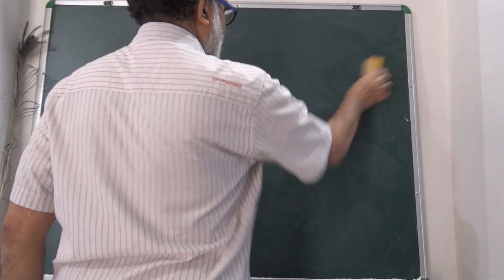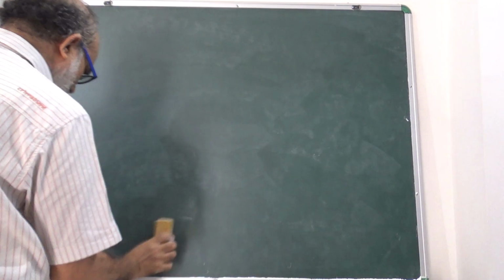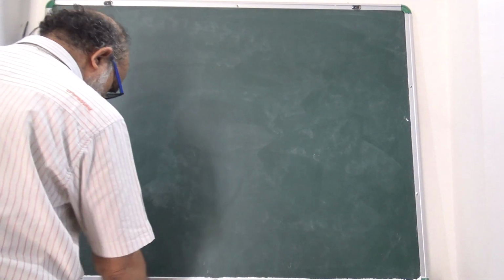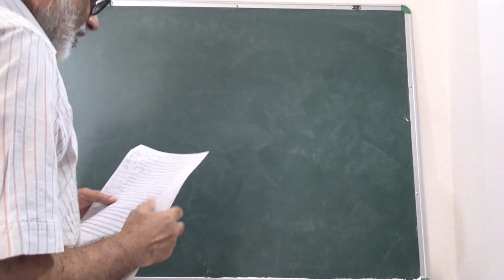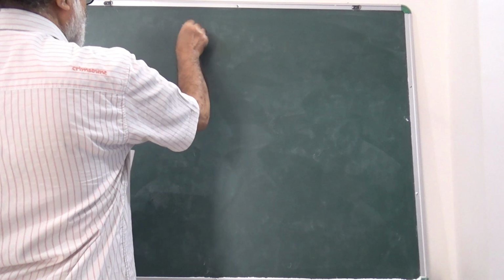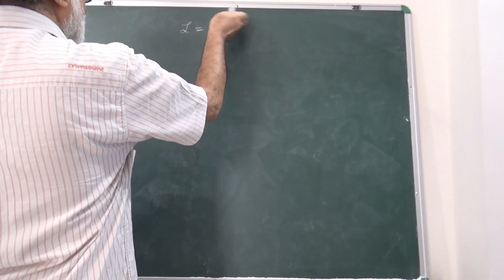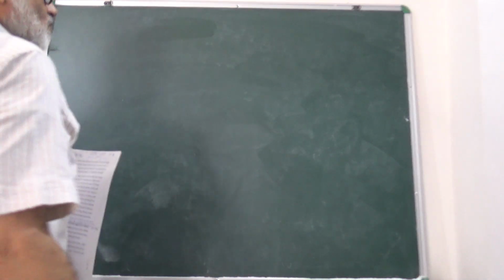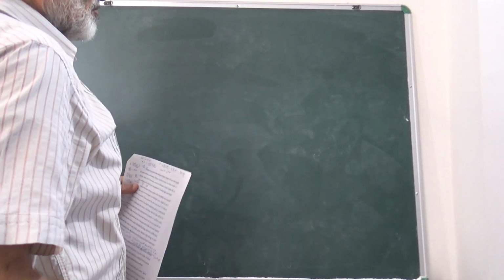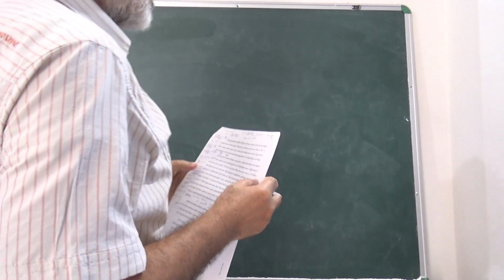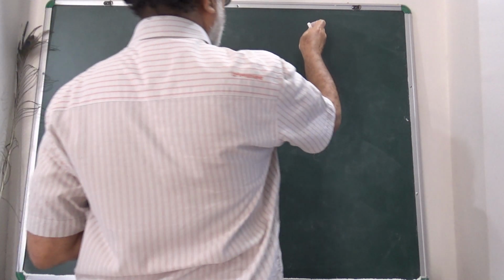Now, come to our discussion on the Higgs field. We have discussed that the Lagrangian is the difference of kinetic energy and potential energy. In classical one-dimensional motion, the Lagrangian is kinetic energy minus potential energy.